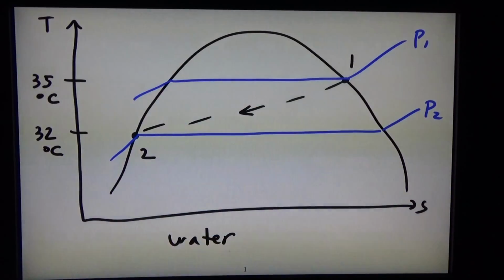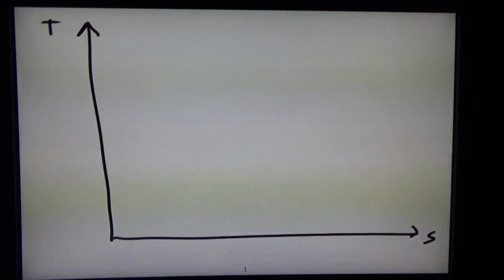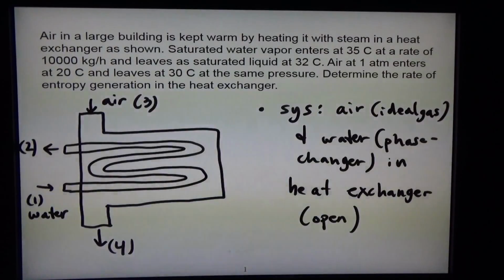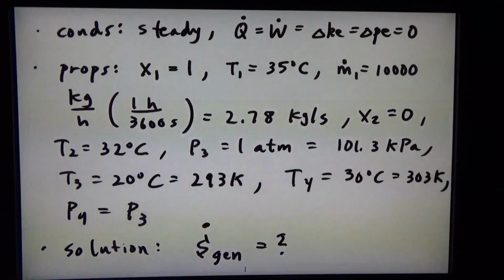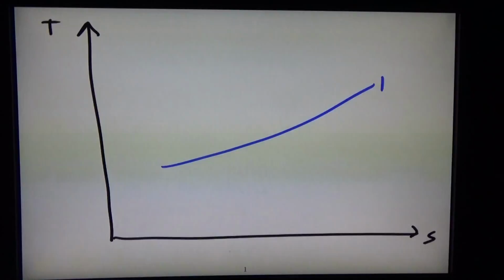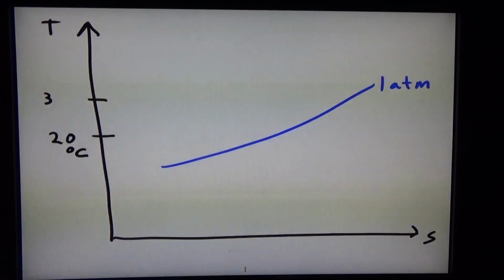For the air, we also can put in some constant pressure lines if we want to. For the air, we know that pressure is 1 atmosphere the entire time. The initial temperature of the air was 20. Final temperature of the air was 30.